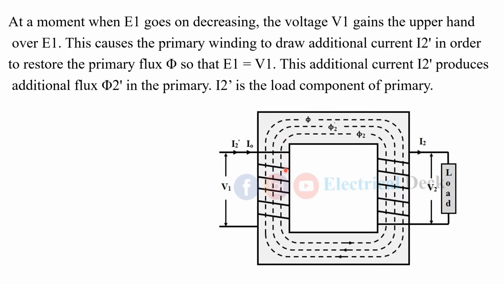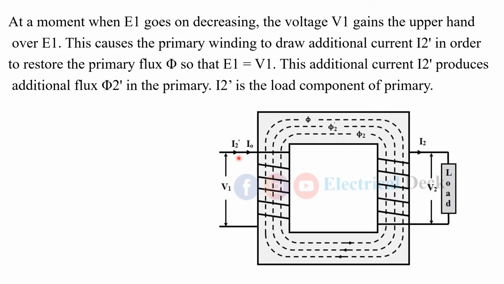So in order to restore the main flux, the primary winding will draw some additional current, and that current is represented here as I2 dash. So we can say I2 dash is the load component of the primary current.